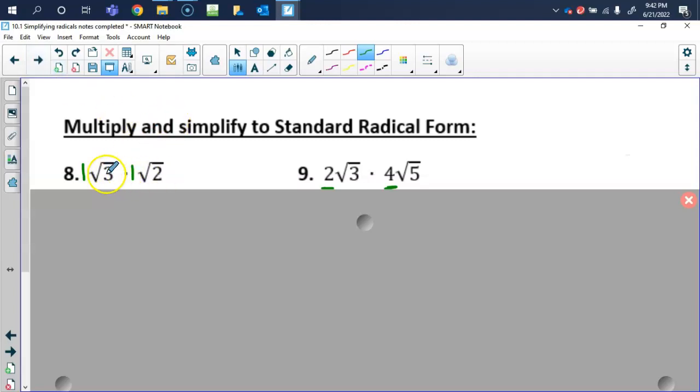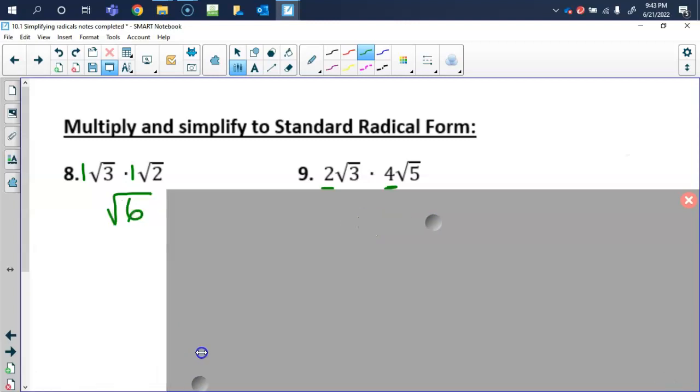So if I was going to multiply these, there's an imaginary 1 in front, and I'm going to get 1 times the square root of 6, because that's what 3 times 2 is. Okay? Now, number 9, I need to multiply my 2 times my 4, which is 8.